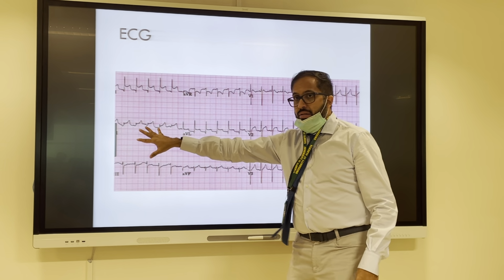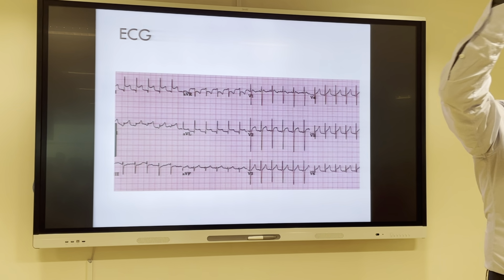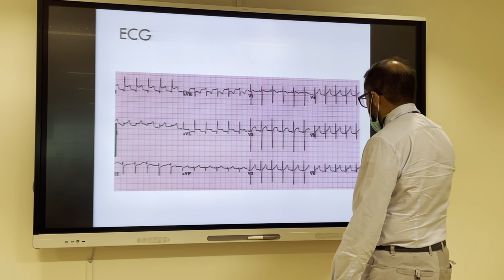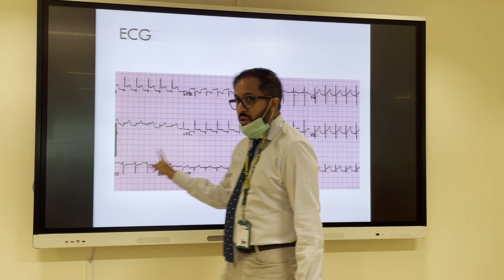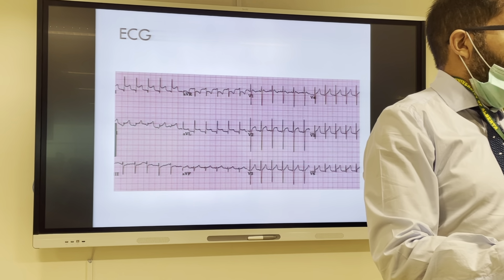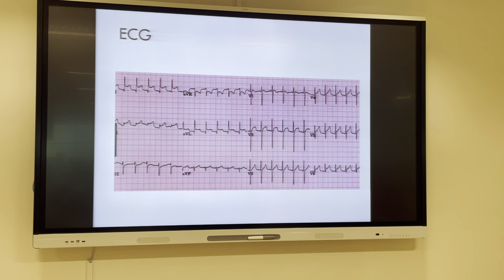One minute is 60 seconds, which has 6 of these 10-second strips. So you basically just count these, 1, 2, 3, 4, 5, 6, 22, and then you multiply it by 6. If it's AFib, if it's sinus, doesn't matter. You do that, and that's it. Easy to remember.